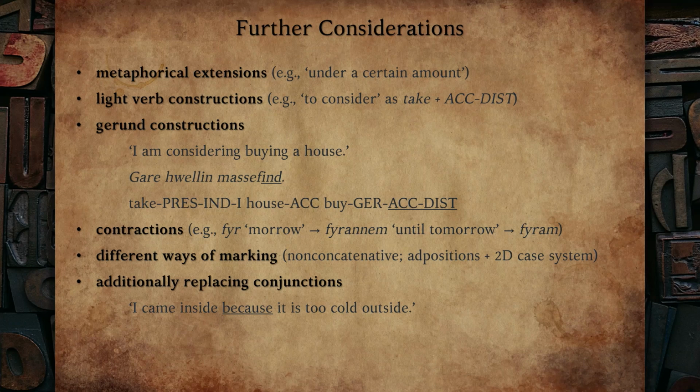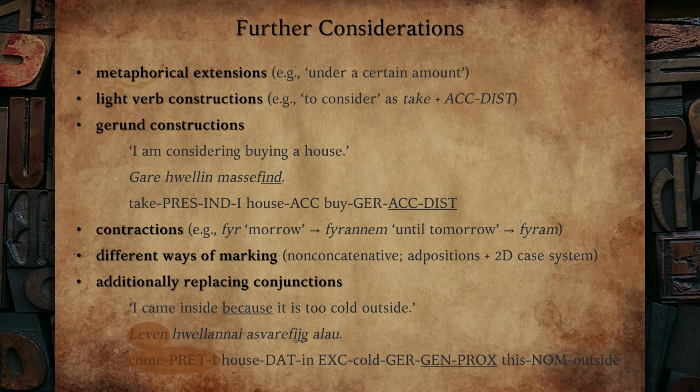So in this "because," we had a combination of proximity and case, which meant "because of," and we can now say leven huelanai as varfe galau, which would mean "come" in the preterite and with the first person singular.